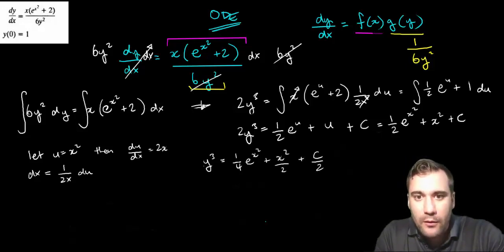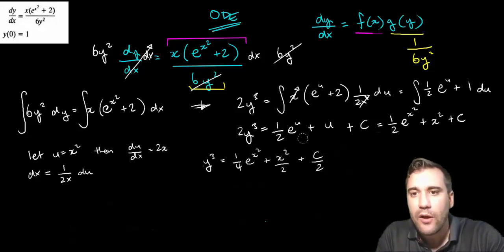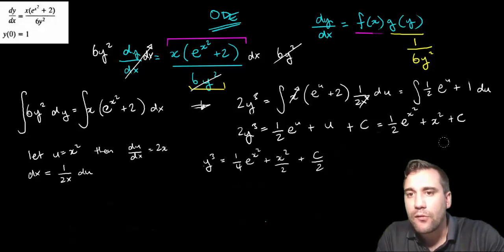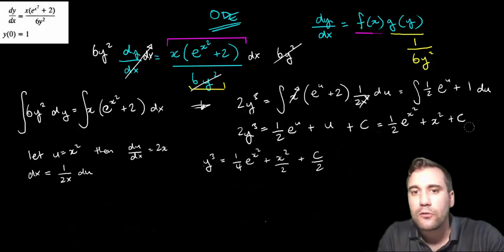Now, where did all of this come from? All I've done is, if you look over here where it says 2y cubed, I've multiplied that by 1/2, and so I've multiplied all of this over here by 1/2 as well. And so 1/2 times 1/2 e to the x squared gives 1/4 e to the x squared. The x squared multiplied by 1/2 gives x squared on 2, and the same thing with the c, you get c on 2.